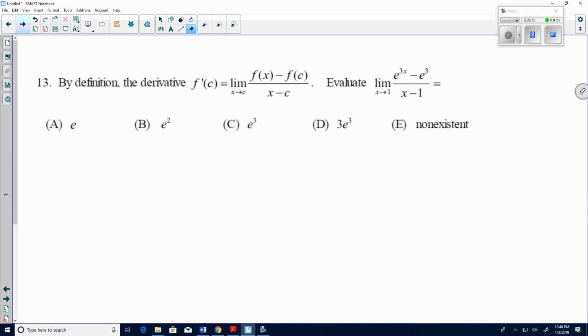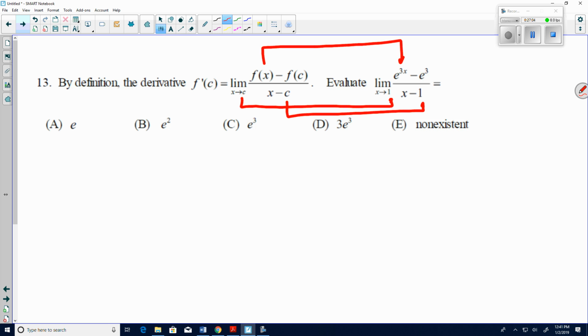So if we just match up the pieces, we see that c is equal to 1. The function is e to the 3x. And this part, f of c, would have to be e to the 3x evaluated at 1, which is in fact e to the 3.